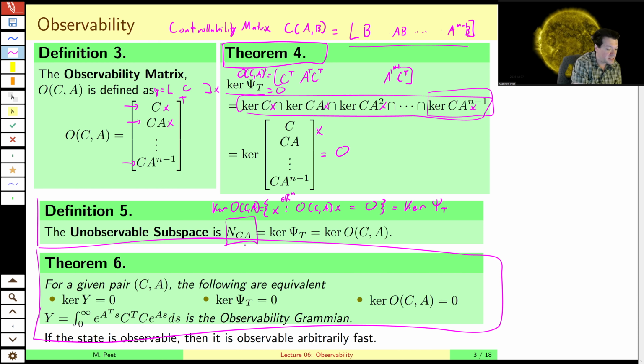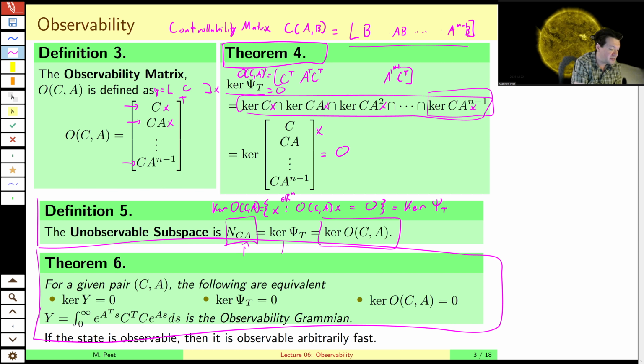So this is a subspace, similar to how, because this is a matrix, and the kernel of a matrix is a subspace, obviously these kernels are also subspaces.